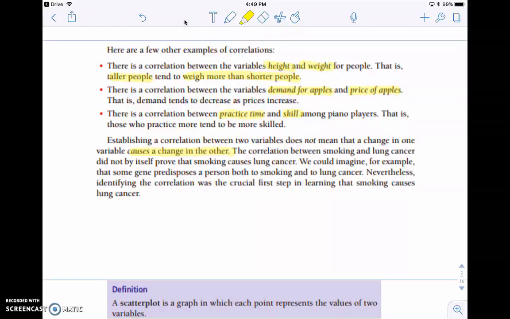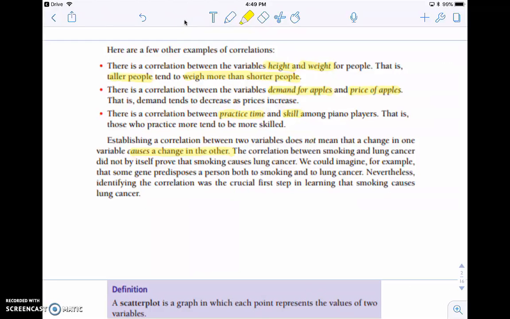So there's correlation between smoking and lung cancer. The correlation between the two did not by itself prove that smoking causes lung cancer. There were other factors in there, and they had to go through a lot of rigorous studies to actually find that causation.